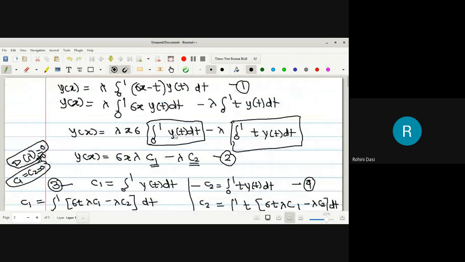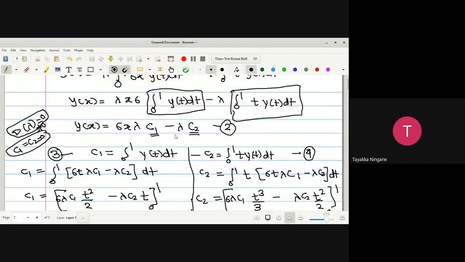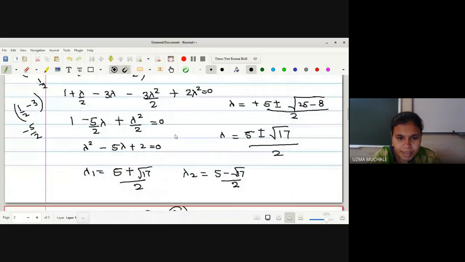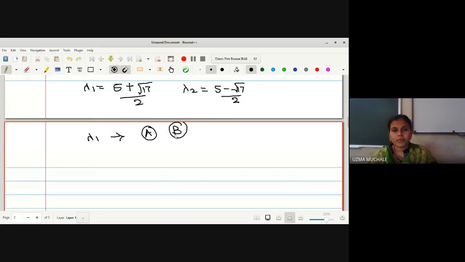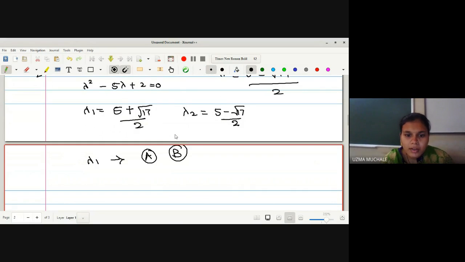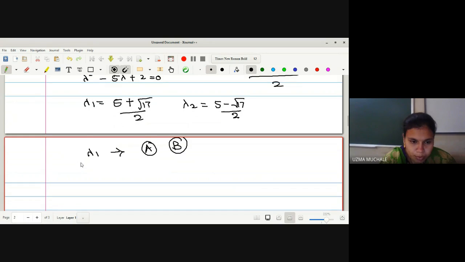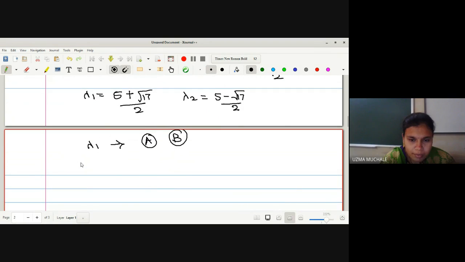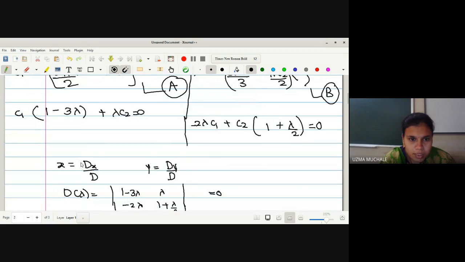If written, let us solve this. Actually, the question was only up to finding lambda, but now we will find the values of C1 and C2 also. So put the value of lambda 1 in our equations A and B. What is our equation A?